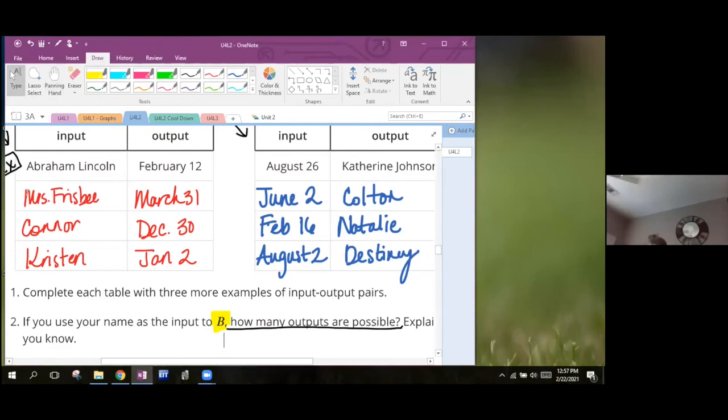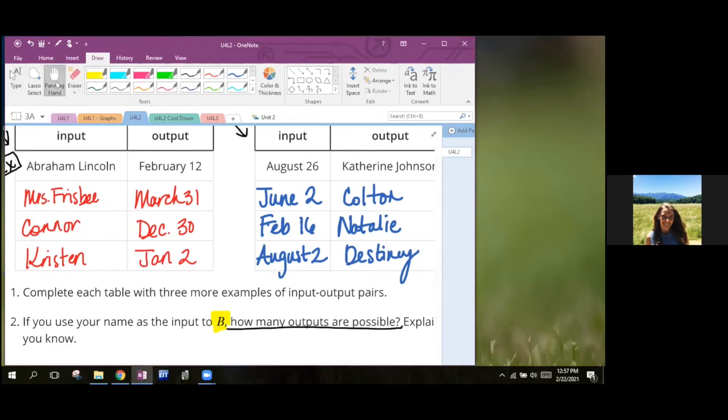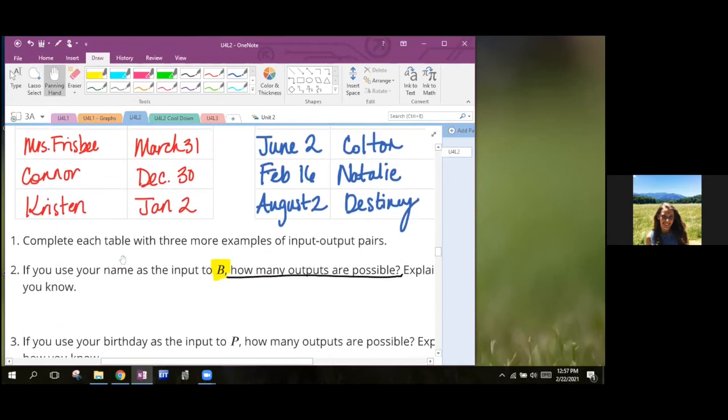For me, if the input has to be my name and the output has to be my birthday, there's only one option I could have done for my output, because I only have one birthday, right? So there's only one possible output, and then it says to explain, because we only have one birthday.